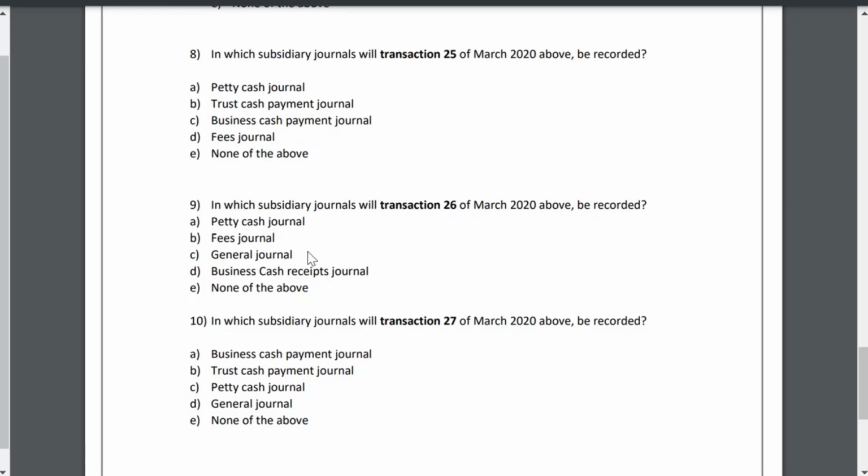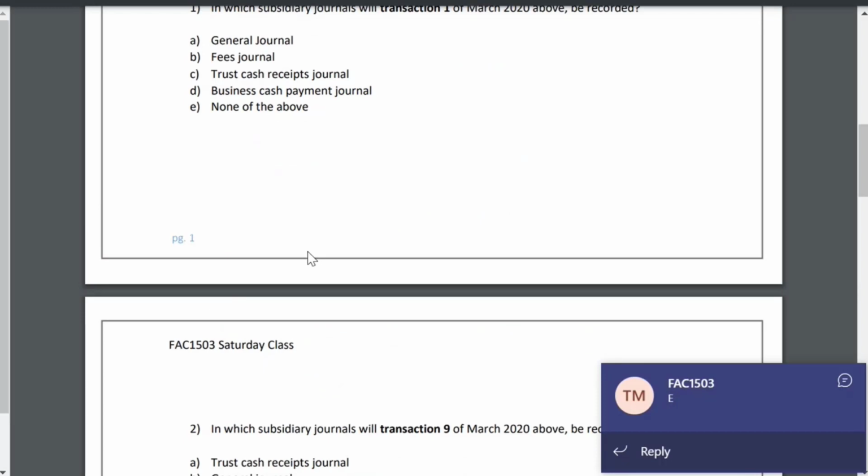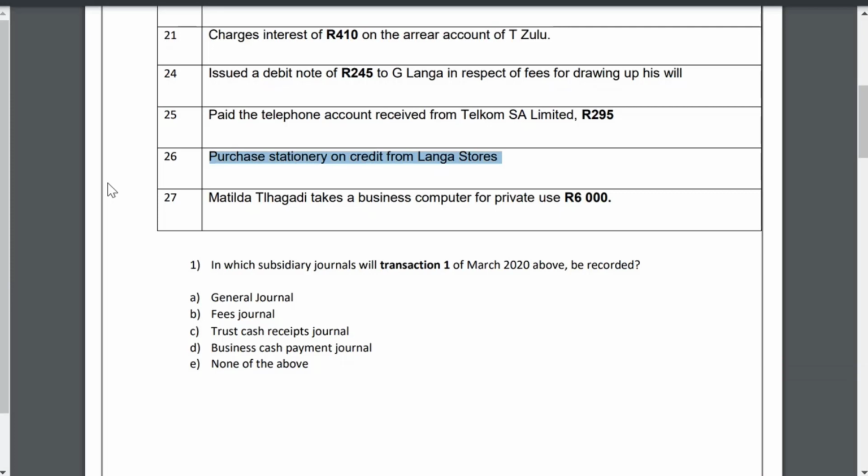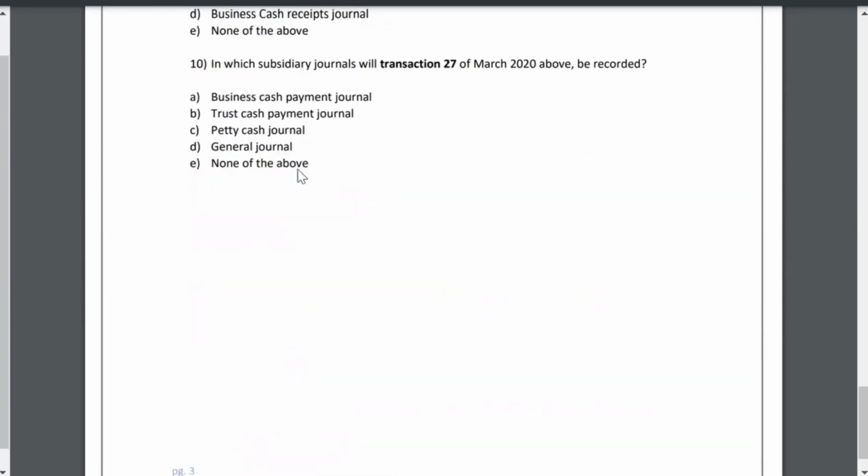What are others saying, guys? Transaction number 26, purchase of stationery on credit from Langa stores.